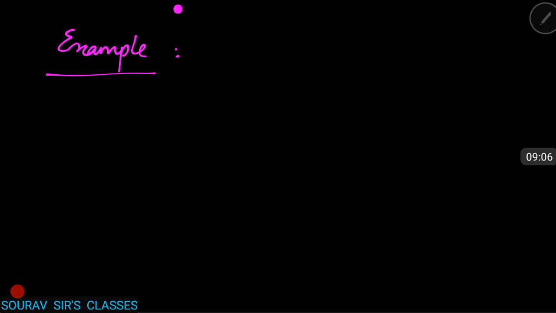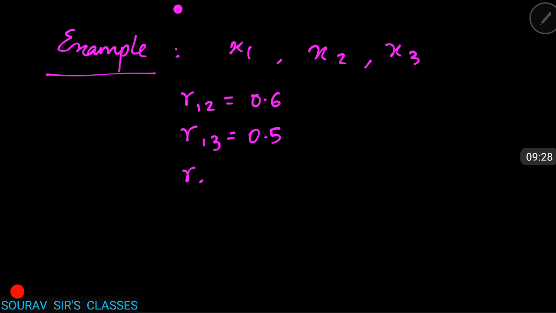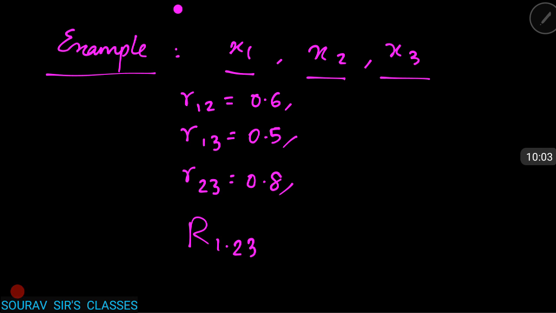The simple correlation coefficients between yield x1, temperature x2 and rainfall x3 are given by R12 is equal to 0.6, R13 is equal to 0.5, R23 is equal to 0.8. Find the multiple correlation R1.23.